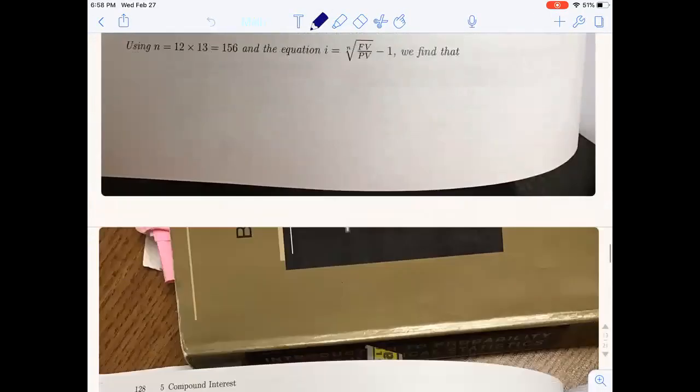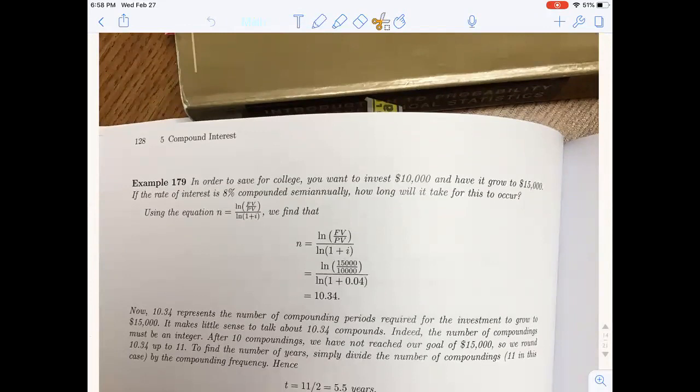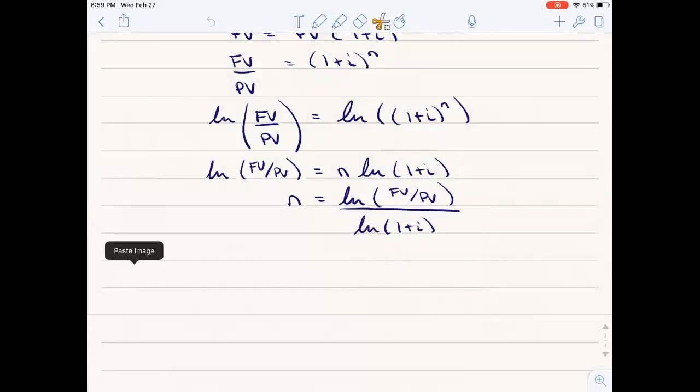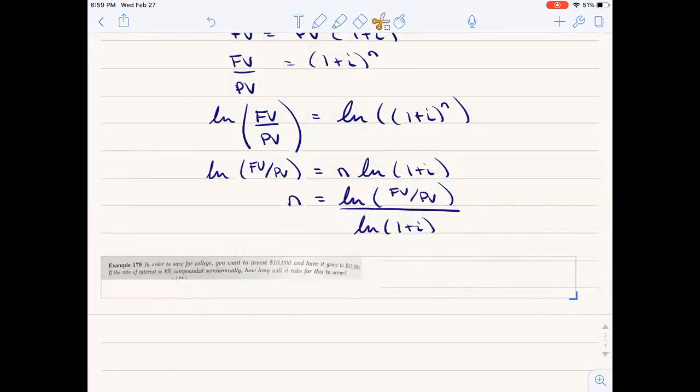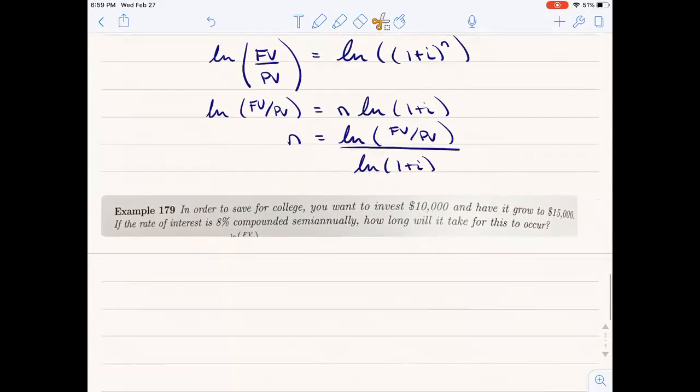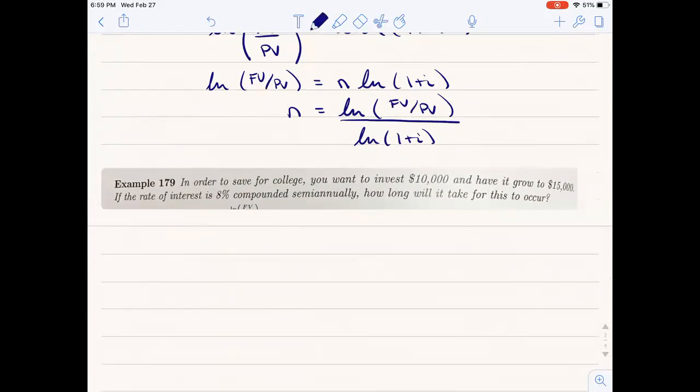Example 179, let's do. So for these problems, it's not going to ask you to solve for n, just like it wasn't asking you to solve for the periodic interest rate. It was asking for the nominal rate, and to get there, we had to solve for i.